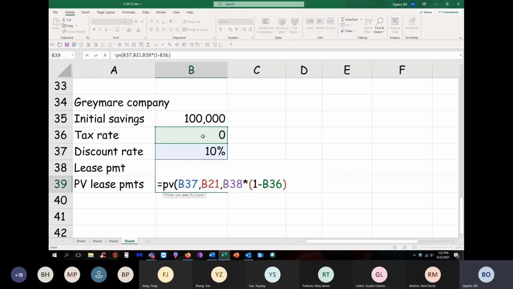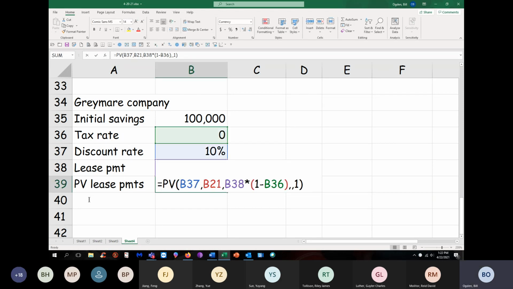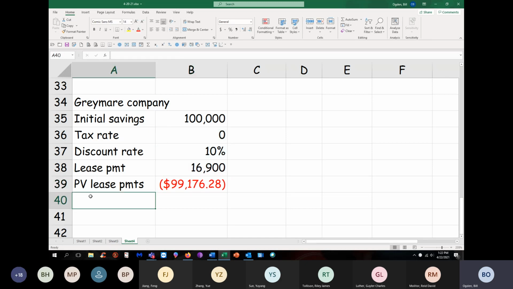So there's our payment. We'll take out the future value, add the beginning of period indicator, and there we are. The NPV of the lease will just be the sum of these two.